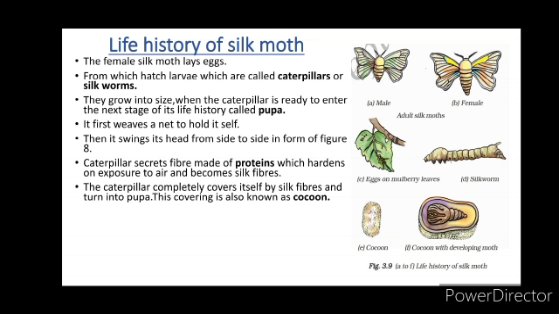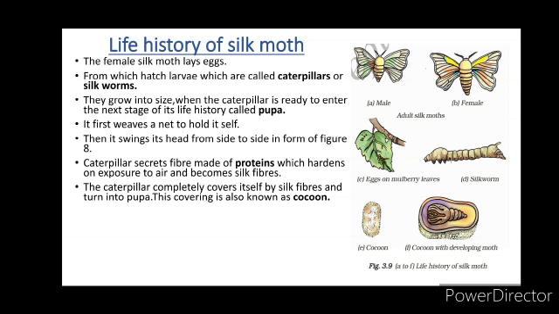A cocoon is a silky case spun by the larva of many insects, including the silkworm, for protection of the pupa. These silk fibers are used for weaving silk cloth.